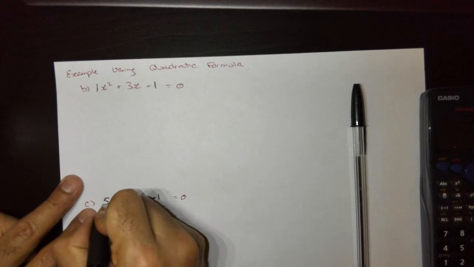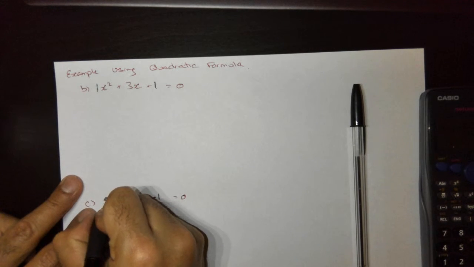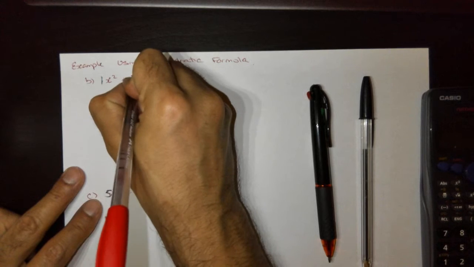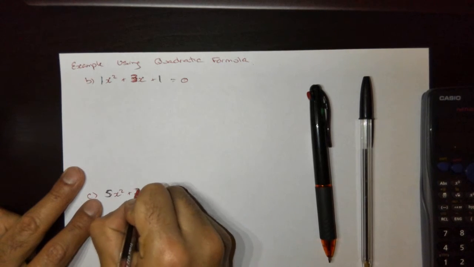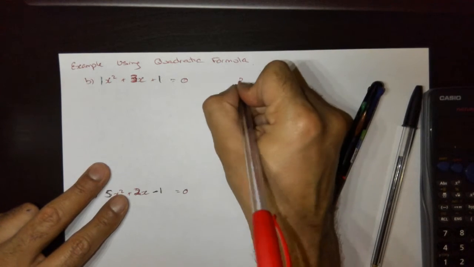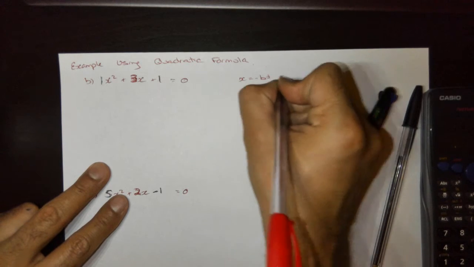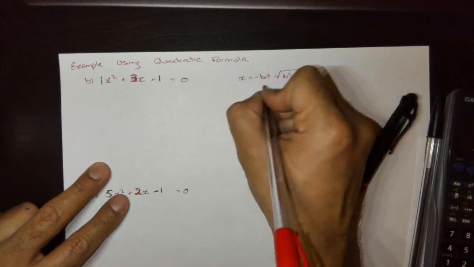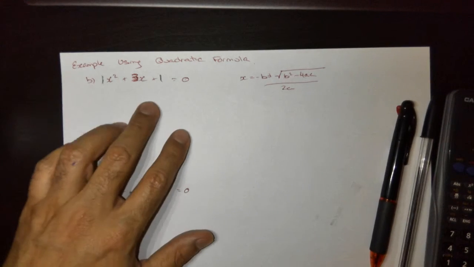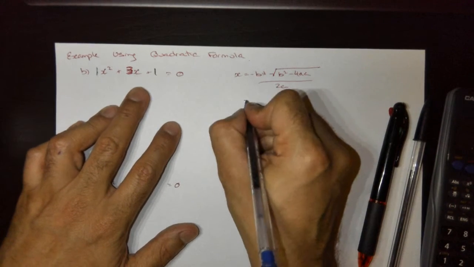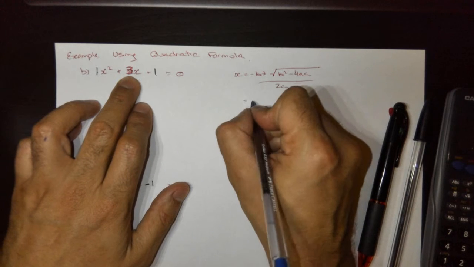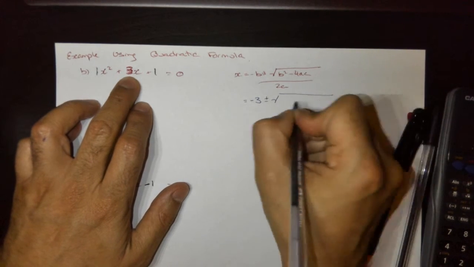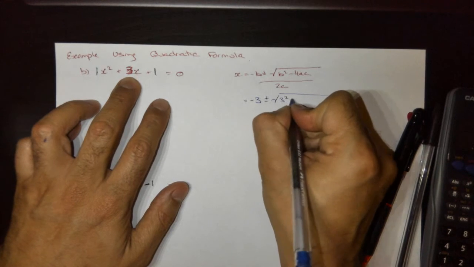Just highlight my a's and my b's. Okay, so x equals minus b plus or minus the square root of b squared minus 4ac over 2a. Okay, so my b is 3. I want a negative version of that. So 3 squared.